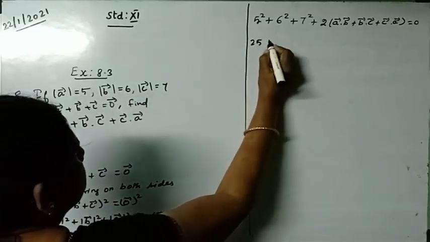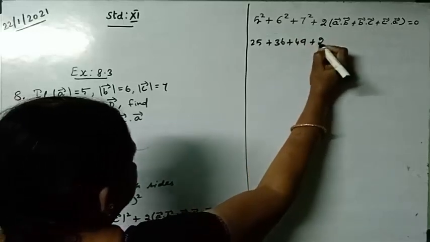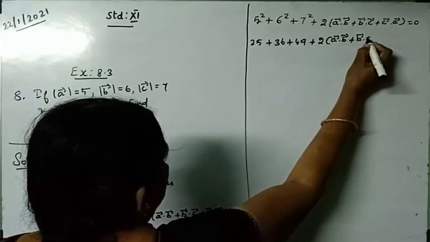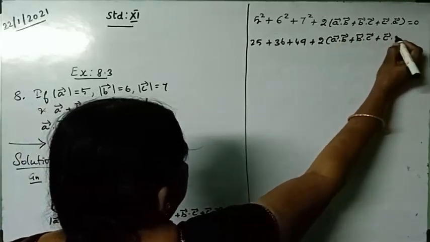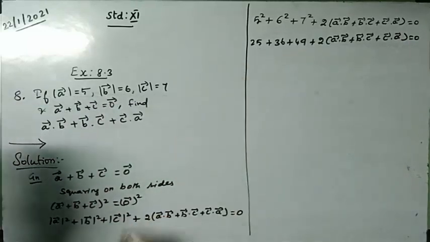So 25 plus 36 plus 49 plus 2 into (A dot B plus B dot C plus C dot A) equal to 0. Now add these three.